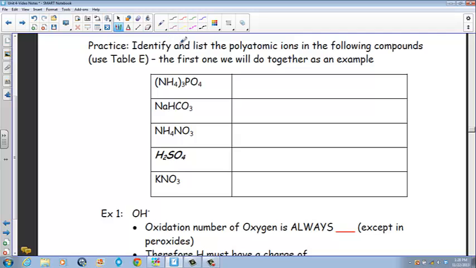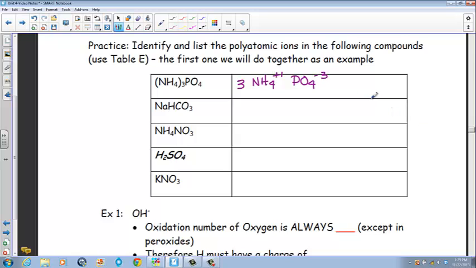It says identify and list the polyatomic ions in the following compounds using table E. The first one we will do together as an example. So you have 3 of the NH4 ions, and when we look up the charge, it's a +1. And we have the phosphate ion, PO4, which tells us there's only one of those, and it has a -3 charge.